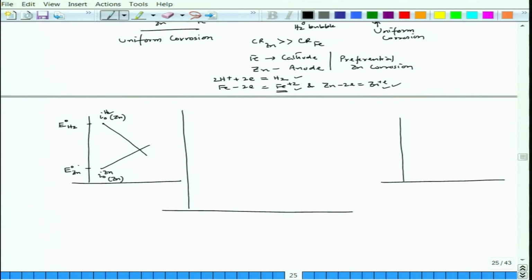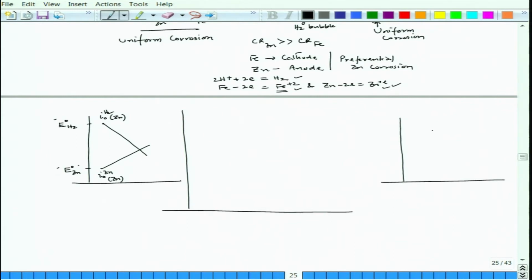I am assuming that this is starting with its standard reduction potential, in both the cases, just to analyze this part, but this value would be different depending on the pH of the solution.